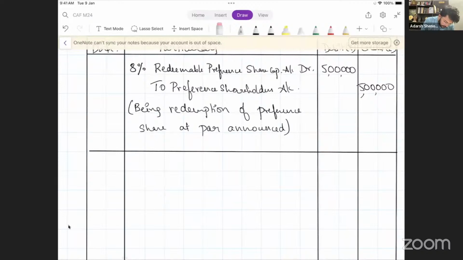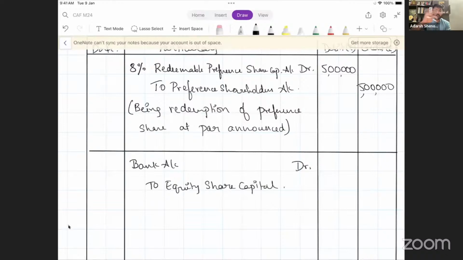So, the journal entry. I'm passing one single entry for this: bank account debit to equity share capital. You can also pass two entries for this. You can say bank account debit to equity share application and allotment account, because they are collecting the application and allotment money.